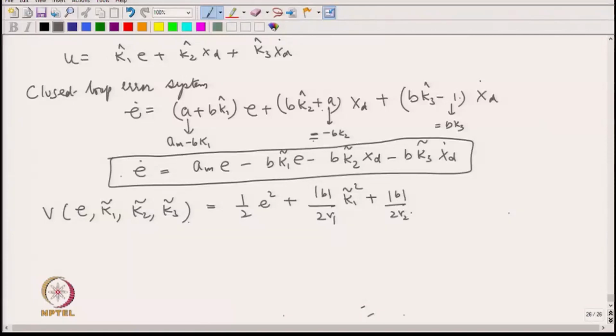So, gamma 1, gamma 2 are positive quantities which we will see would be the adaptation gains.